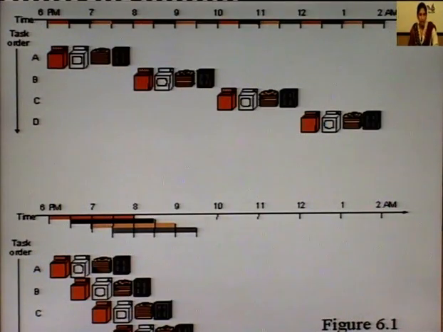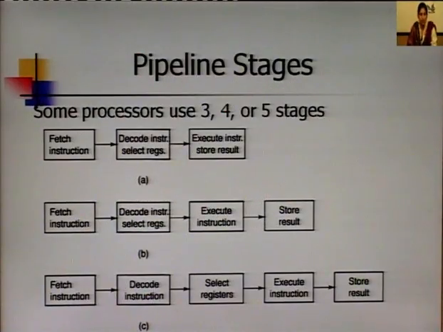But in pipelining, multiple processes are executed simultaneously. It means we have different processes: fetch instructions need different resources, decode instructions need different resources, and execution and store also have different resource requirements.